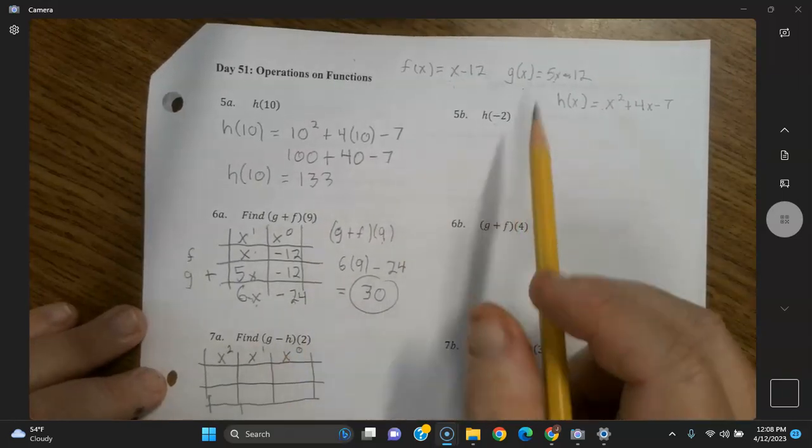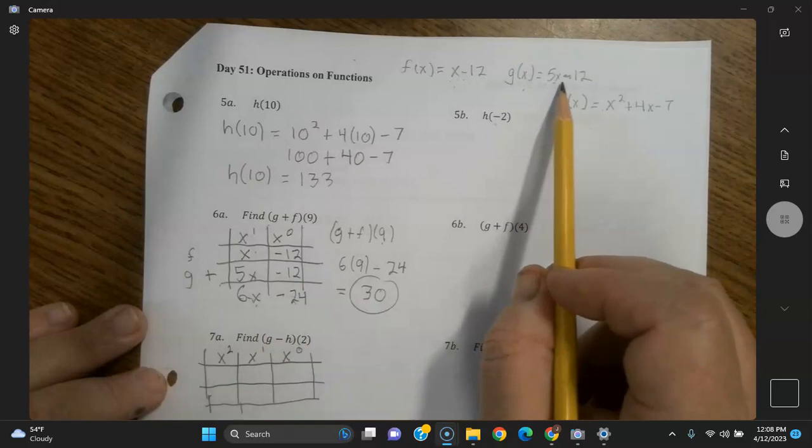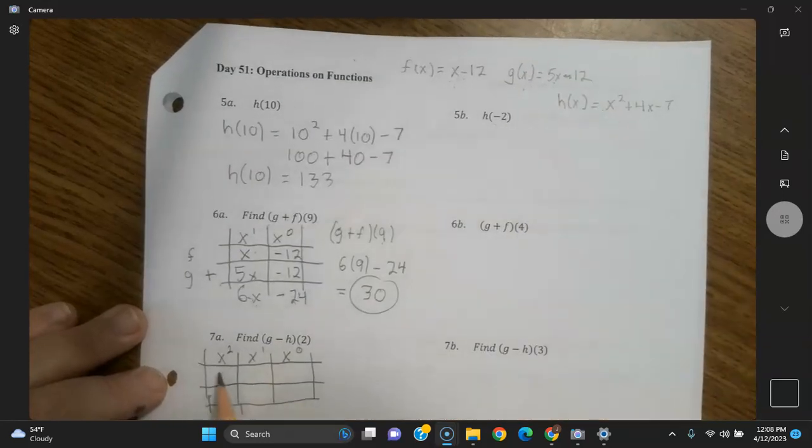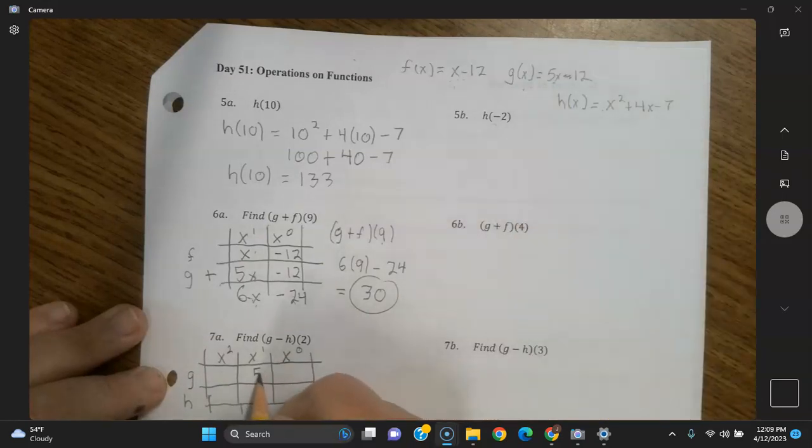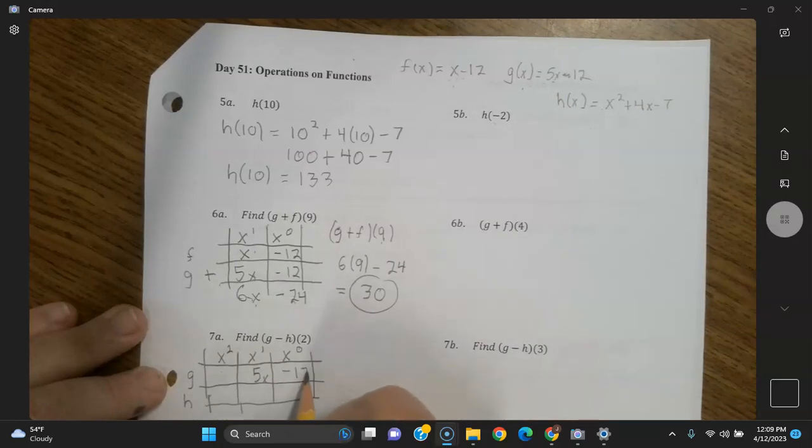You got to be careful you get it's a subtraction in the right order. 5x minus 12 is going to go on the top. So there's no x squared term for 5x for g. We're going to put g up here, and we're going to put h down here. Okay, so it's 5x, x goes in the x to the first column, and negative 12.